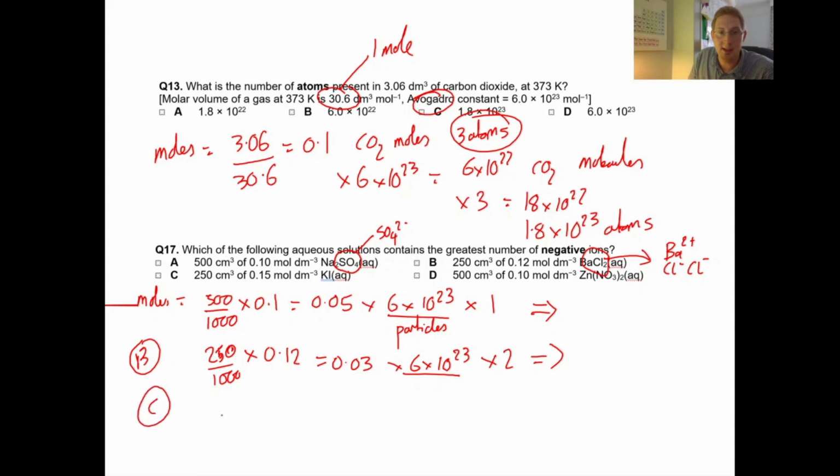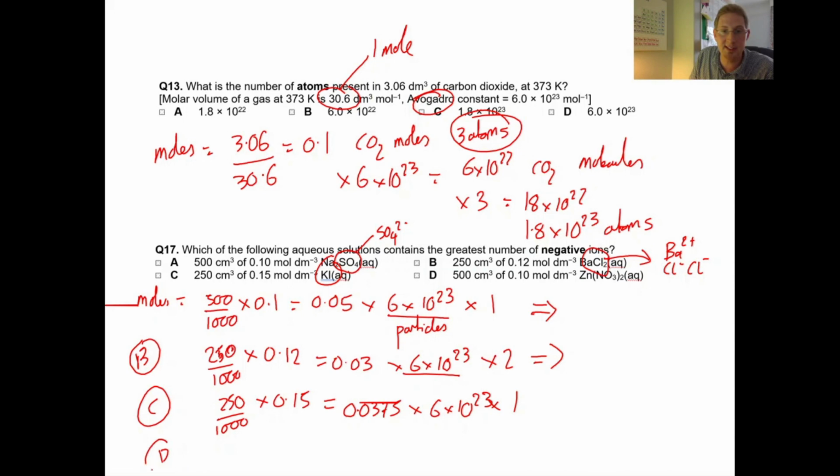Part C, we've got 250 centimetres cubed. We would have to divide that by 1,000 to get the number of decimeters, times by 0.15, which is a quarter of 0.15, or 0.0375 off the top of my head, times by 6 times 10 to the 23. There's 1 negative ion, times 1.